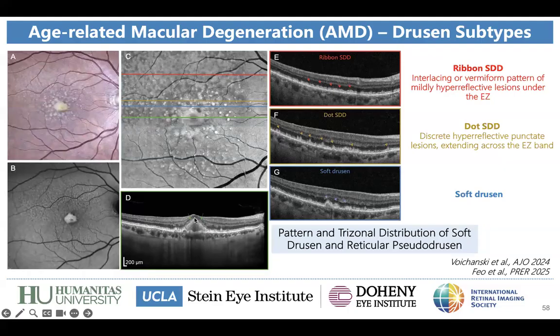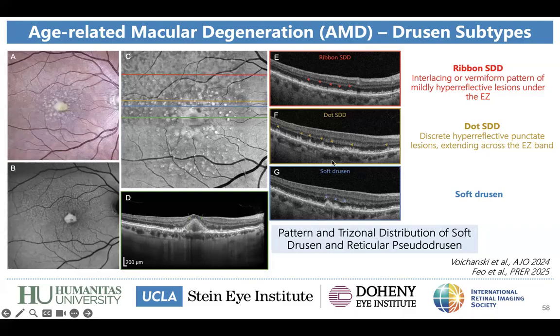You can notice the presence of hyperreflective vitelliform lesions represented by the presence of SHRM in the fovea, surrounded by soft drusen, and two different subtypes of reticular pseudodrusen or subretinal drusenoid deposits, which are represented by the dots and by the ribbons.